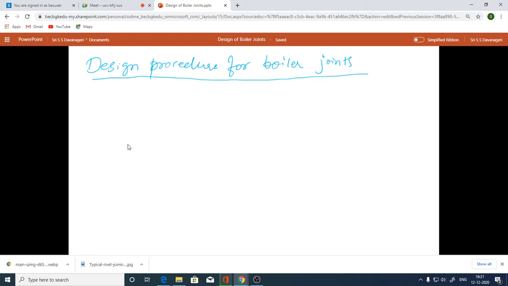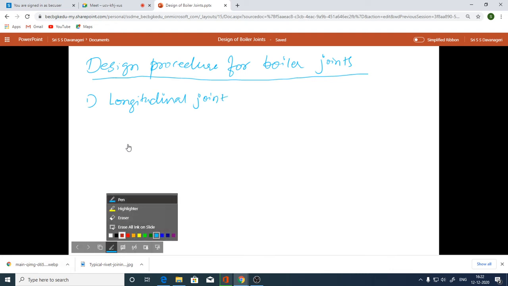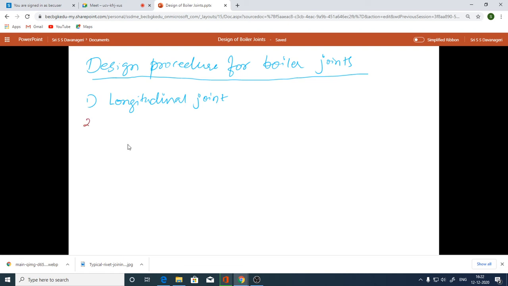Okay, so first you need to design the longitudinal joint. Next you need to design the circumferential joint.